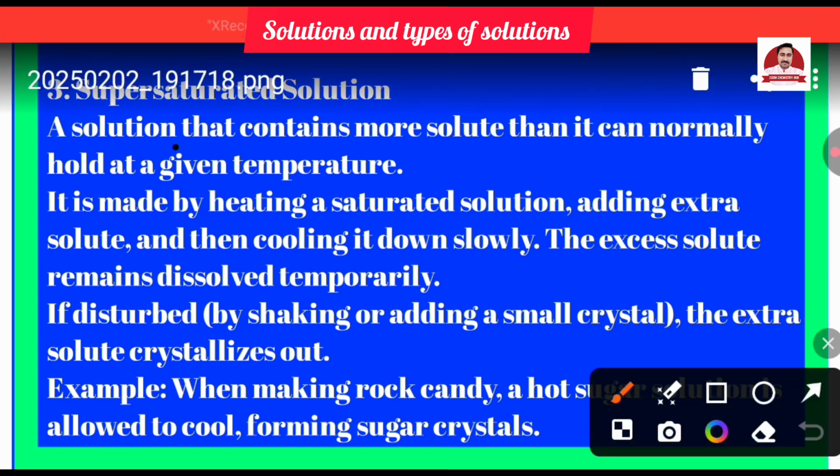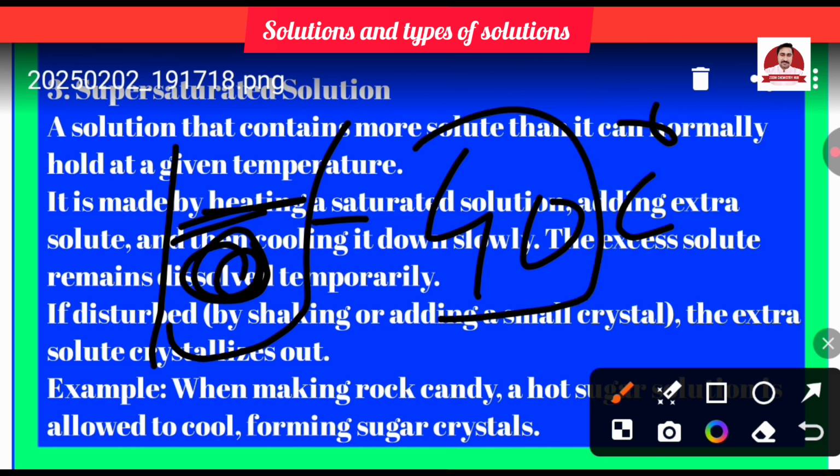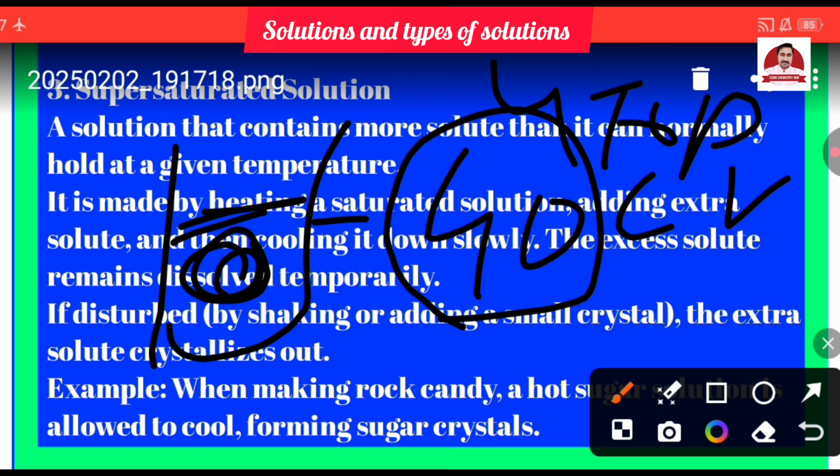Meaning to say, if we have a saturated solution at 40 degrees centigrade that contains some water, at this temperature it can dissolve only 4 teaspoons of sugar. If we add a further amount of sugar, it does not dissolve and stays at the bottom of the beaker.